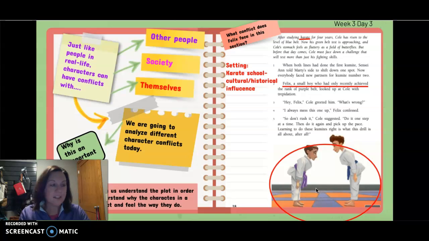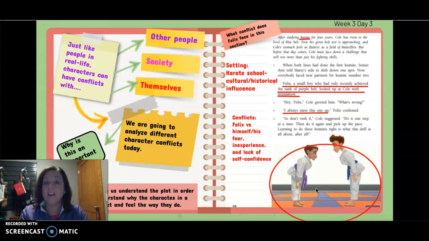But then Cole asks Felix what's wrong. Felix's response reveals more about his conflict. He confesses that he always messes up on this one. All these details lead us to Felix's conflict. He's conflicting with himself, his fear, and his inexperience and lack of self-confidence.